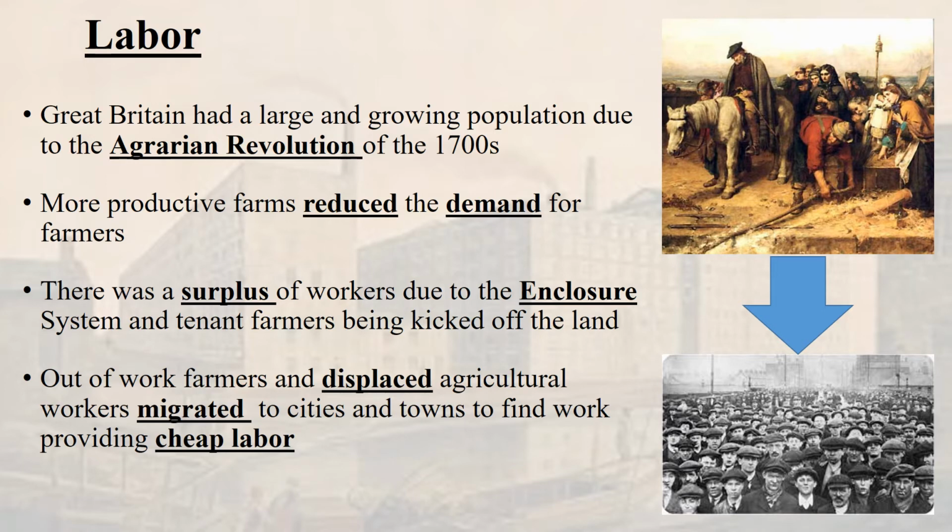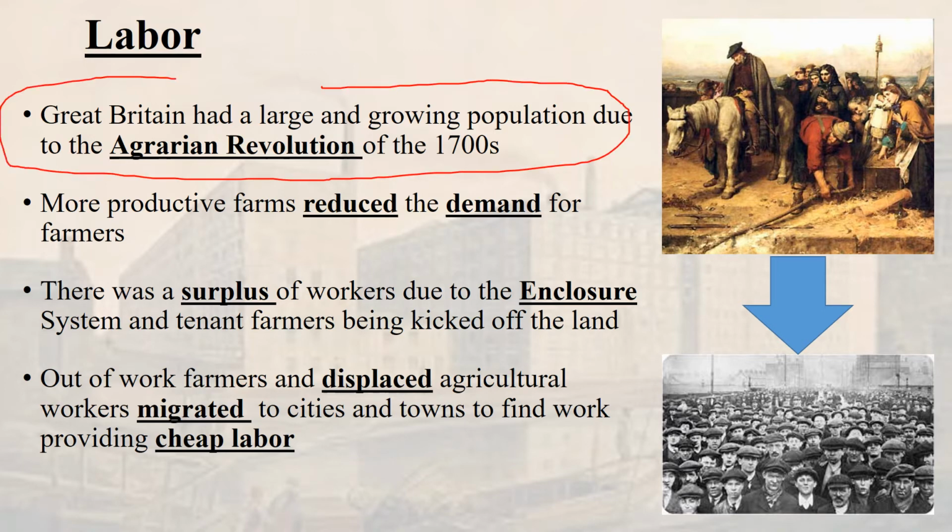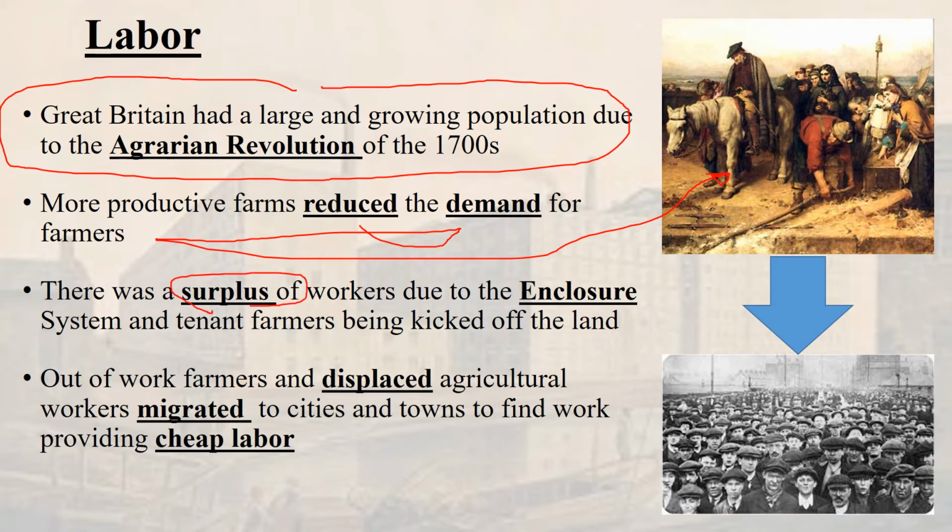Labor. Great Britain had a large and growing population. Why? Because of that agrarian revolution in the 1700s. Their farms were more productive, which means that reduced the demand for actual farmers. We talked about this. These are the clearances, the land clearances, the enclosure system. So that leads to a surplus of workers because of this enclosure system.